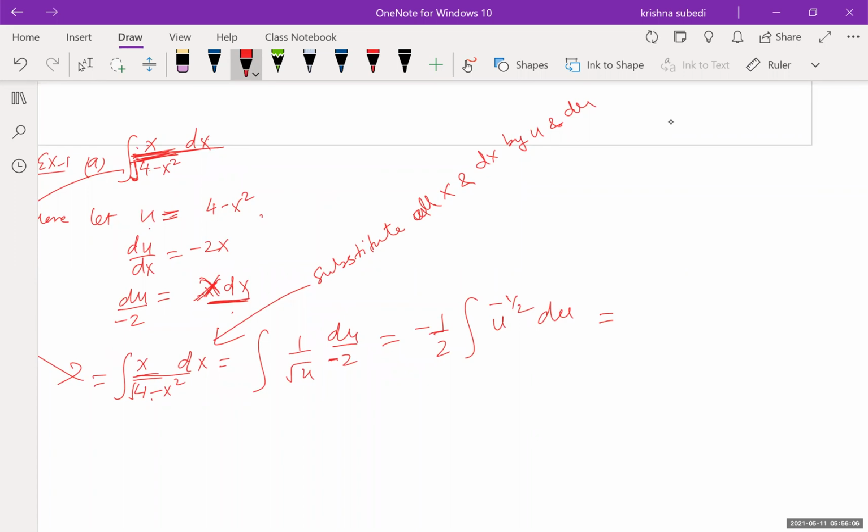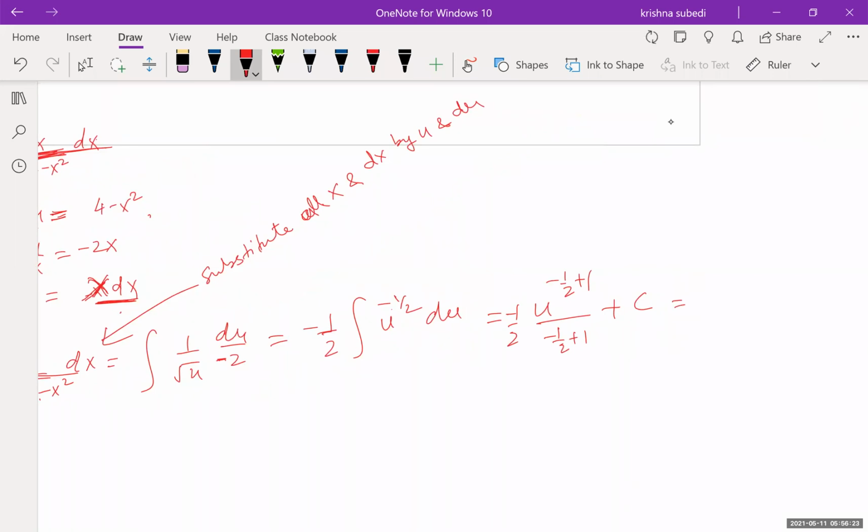You know how to do it. So this is going to be negative half. Let me just copy it as it is. And so this will be negative half, and then using the power rule, u power negative half plus 1 divided by negative half plus 1, plus c. That's it. This looks a little ugly, so maybe you want to simplify it a little bit.